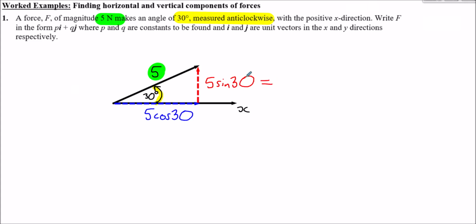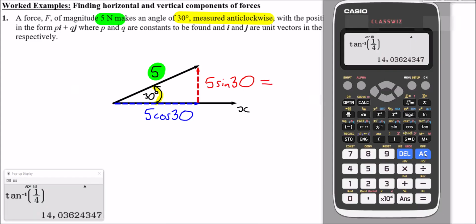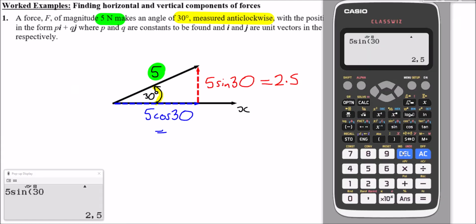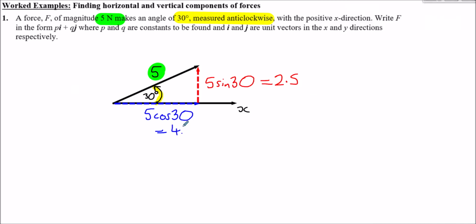So let's do 5 sin 30 first. So 5 sin 30 is 5 over 2, that's easy, that's 2.5. Whereas 5 cos 30 gives us, to 3 sig figs, 4.33. I suppose we could label these in newtons because they are.